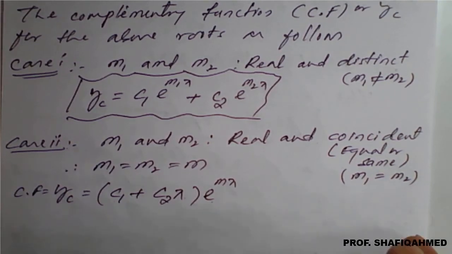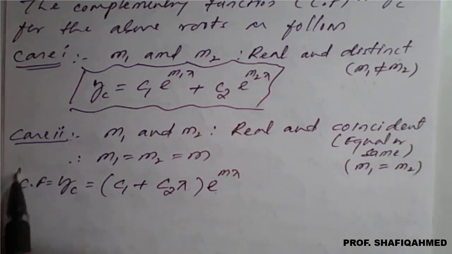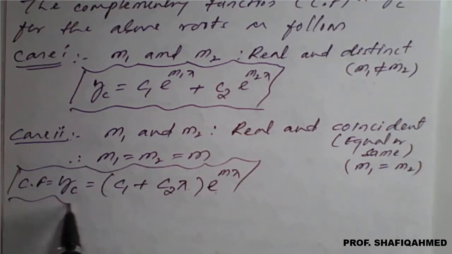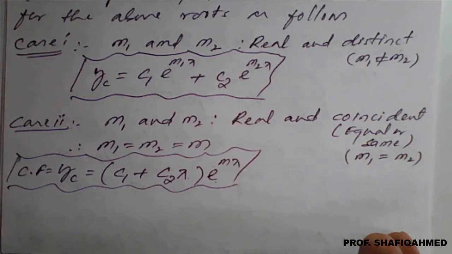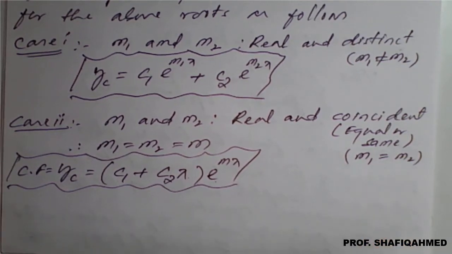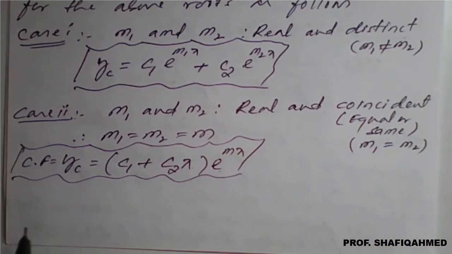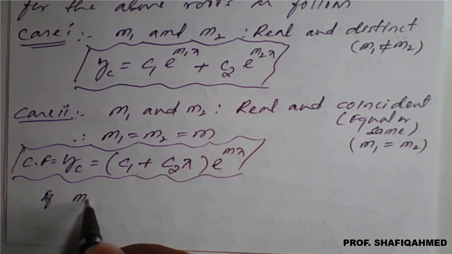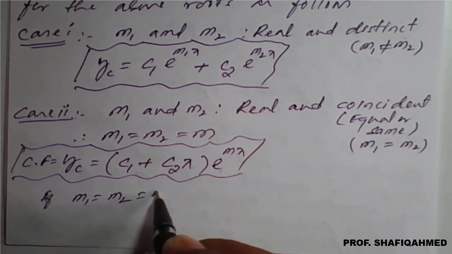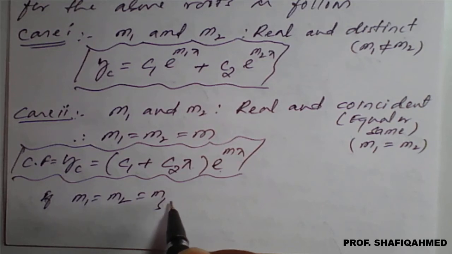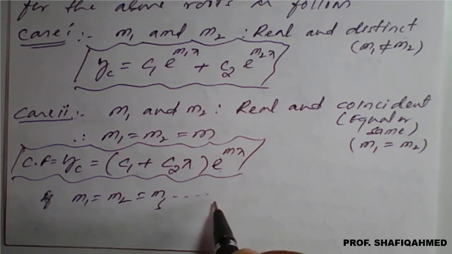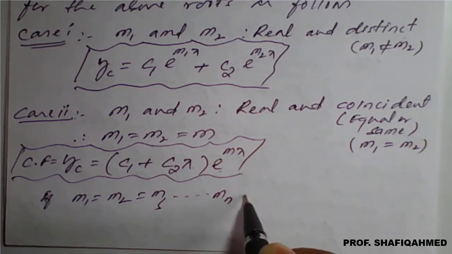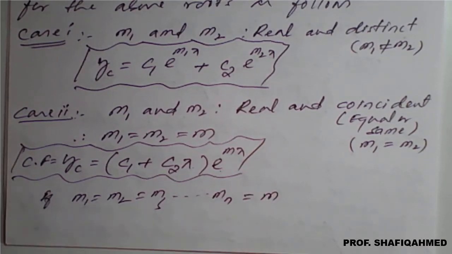So in general, this is for two roots if they are the same. Suppose in general there are n roots, and m1 is equal to m2 is equal to m3 and so on up to mn, which I will consider as m, because all roots are the same.